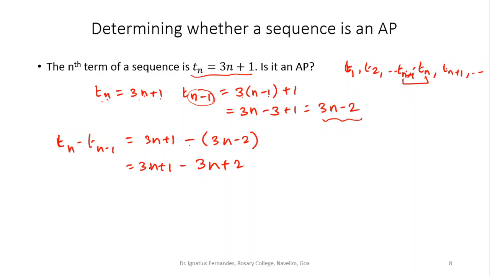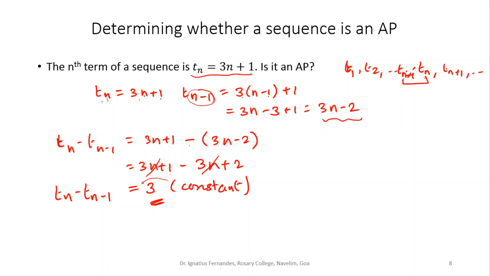Okay, so 3n and minus 3n will cancel. I'll get 1 plus 2, that is equal to 3. So the difference between the nth and n minus 1th term, in general for any n, is equal to 3. Now this is a constant, because whatever n you take here, it is equal to 3.